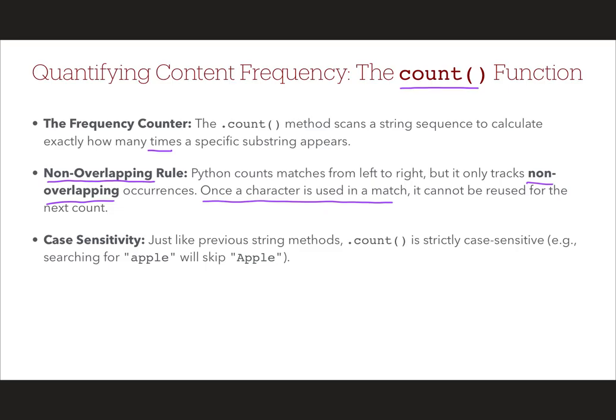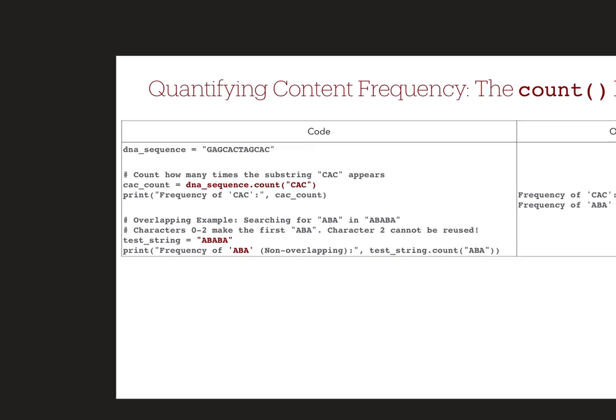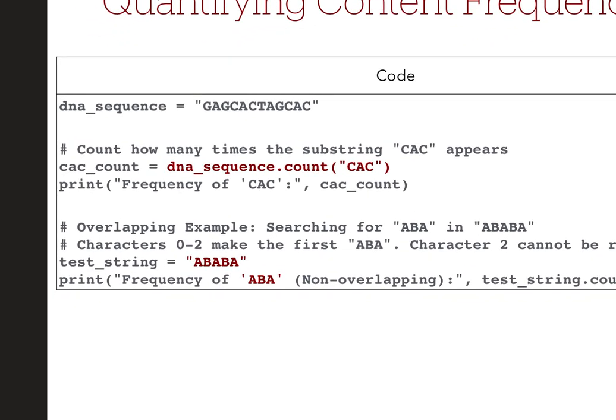And it is also case sensitive, meaning lowercase apple and uppercase Apple will be different. For this non-overlapping rule, let me show you an example. Suppose that my DNA sequence contains this.